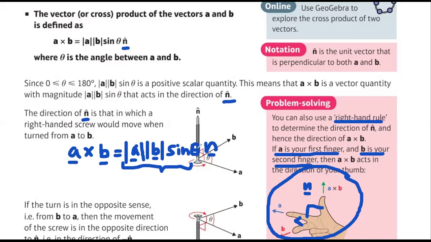If you use it like this, then you can draw perpendicular to each other and upside. It's a very important thing.